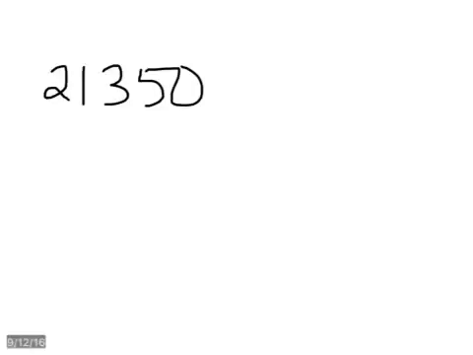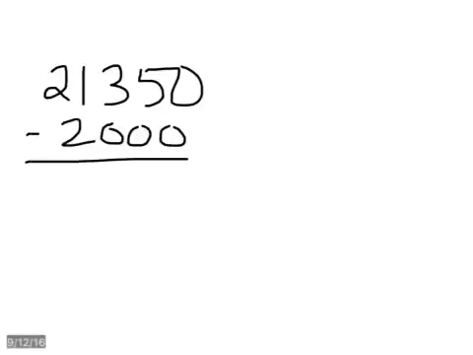And according to the single, we get to subtract out 2,000. Did it say he had any dependents? No. If it doesn't say that he has any dependents, then how many dependents does he have, if it doesn't give you that number? 0. He doesn't have any. So what is 21,350 minus 2,000?